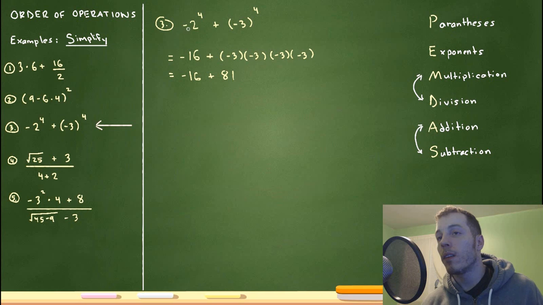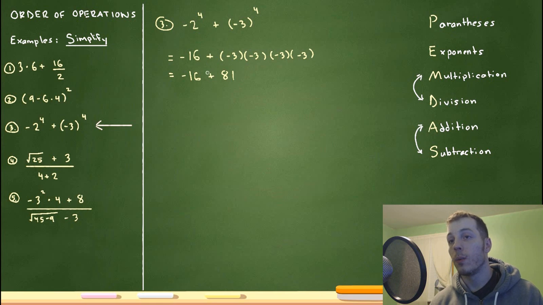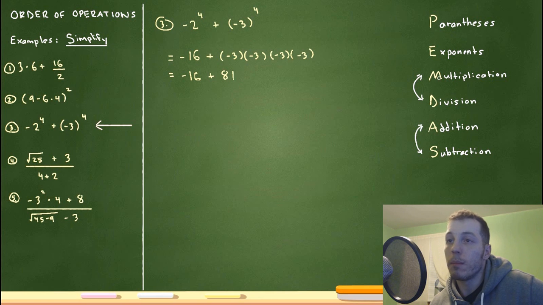Okay, so there's a big difference. If this was negative 2 times negative 2 times negative 2 times negative 2, we would have gotten a positive 16. But again, this distribution of the negative, or this factor of a negative 1 sitting here, is technically, you could say that it's a multiplication.